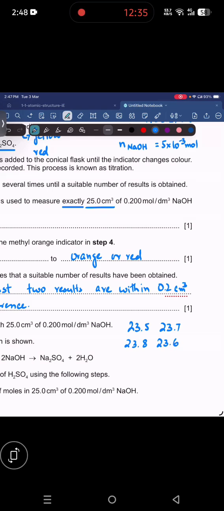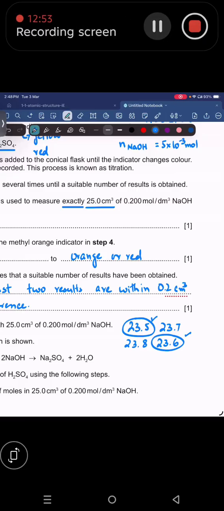So these two values are the nearest values. So we will select these two values as the best values and we will find the average of these two values. Got it, children? Any question here? No question?